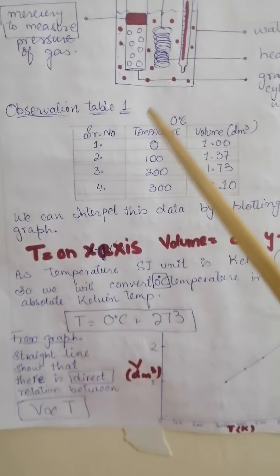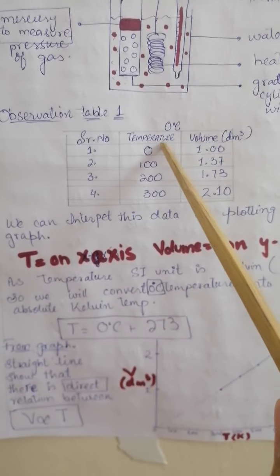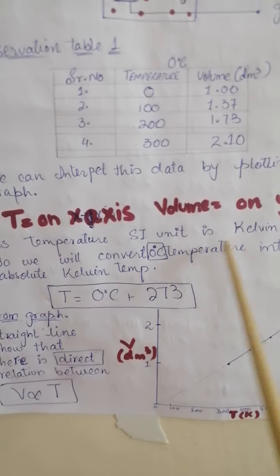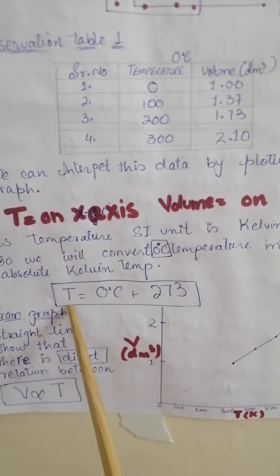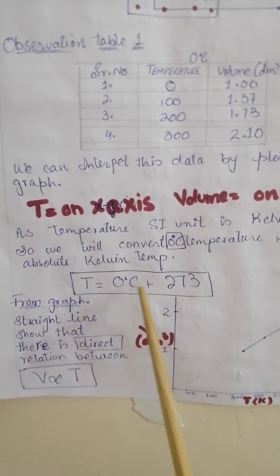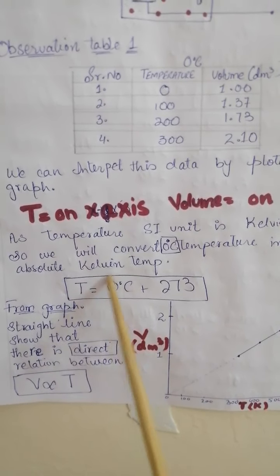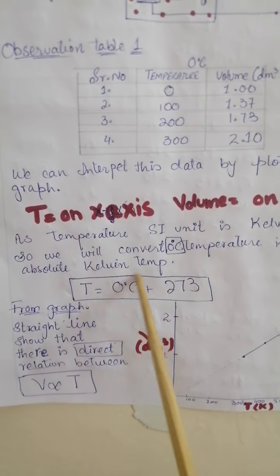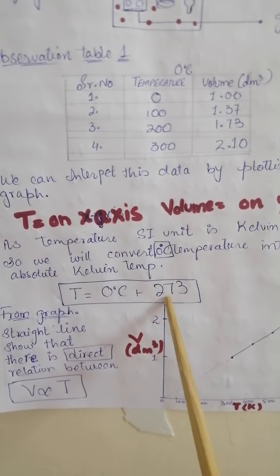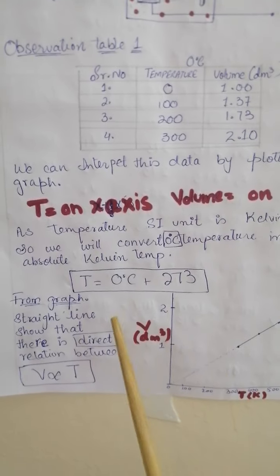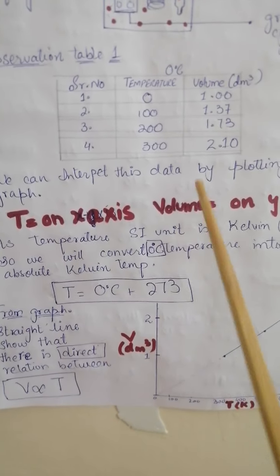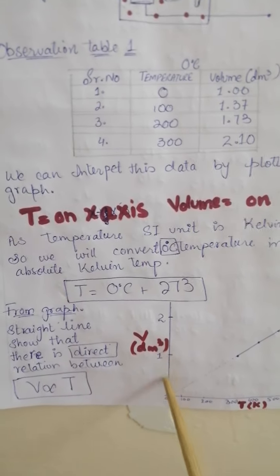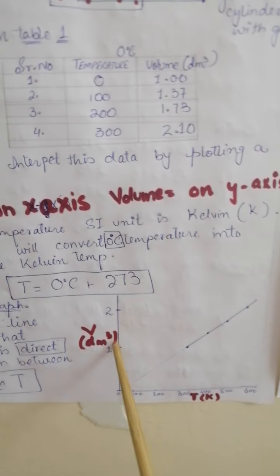But from the thermometer, we only measure temperature in degree centigrade. So to convert temperature into Kelvin, we add the degree Celsius temperature to 273. After adding 273 to the temperature, we plot a graph.